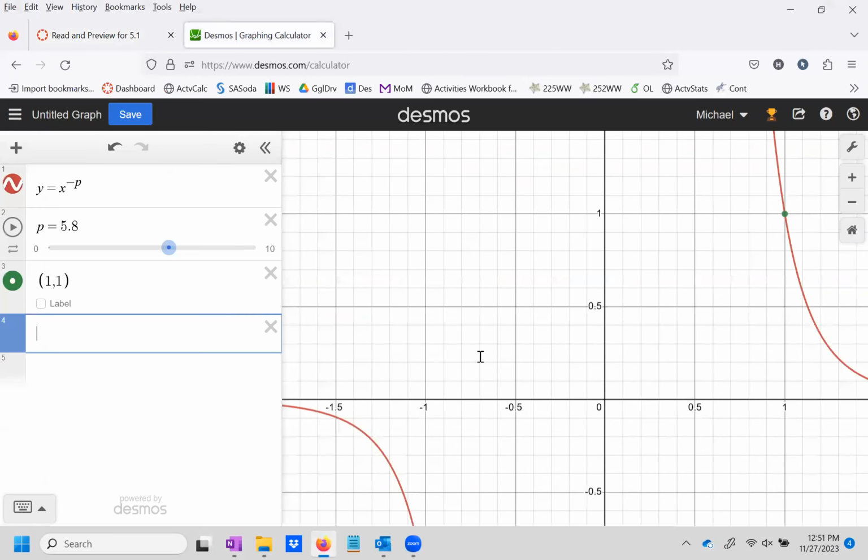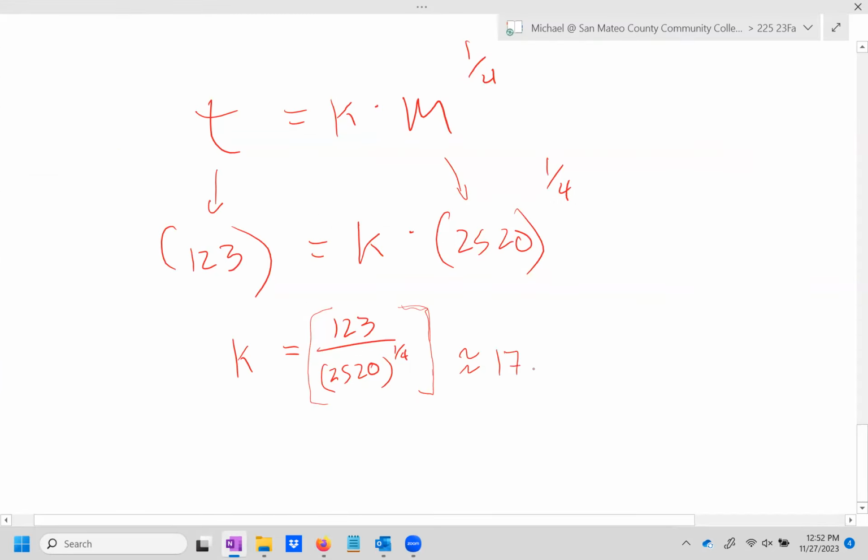Well, what is it? It's 123 divided by 2520 raised to the 1/4 power. It's about 17.3602.